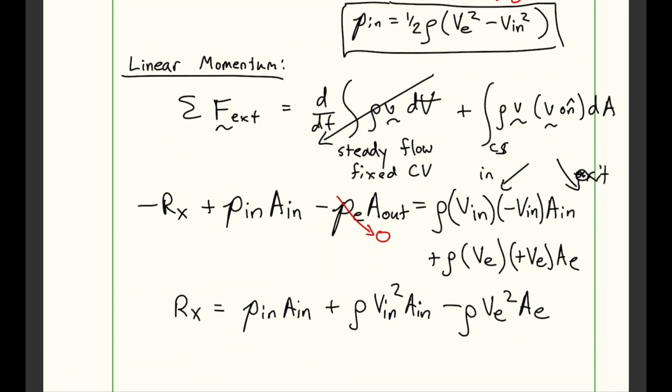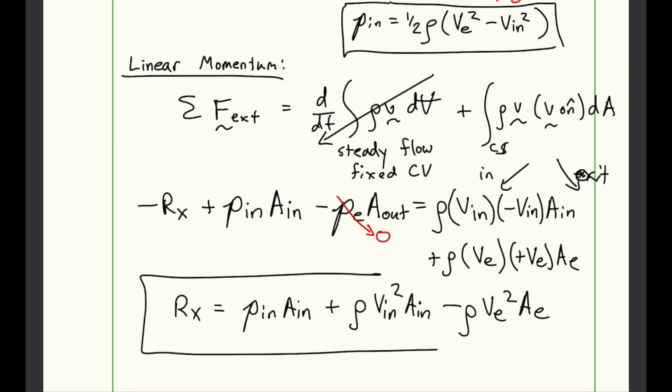I think I might break this video and actually turn these into some numbers for you to see that often it turns out that these terms are bigger than these other terms. But let's go ahead and plug in some numbers to check that out. This is our boxed answer for the amount of reaction force needed.